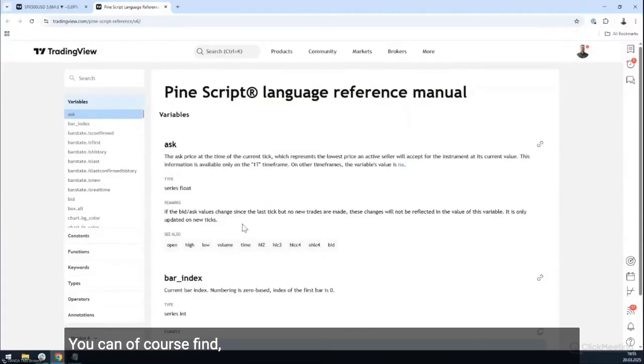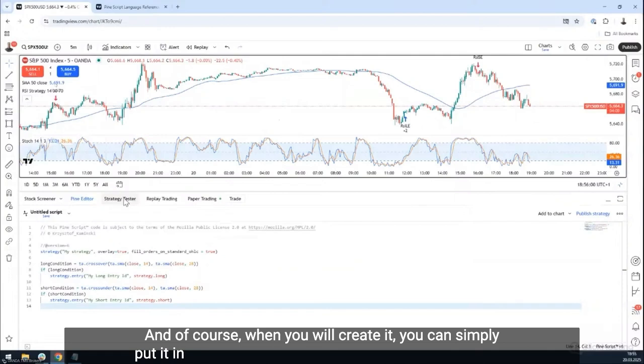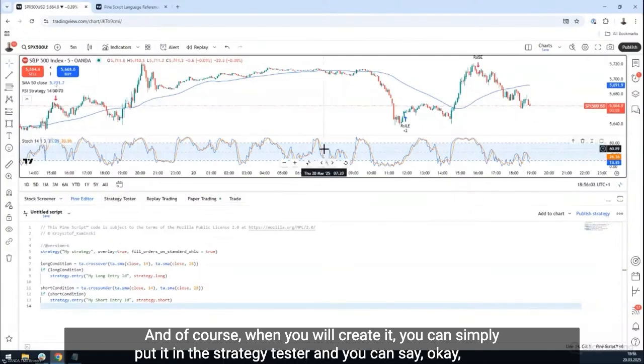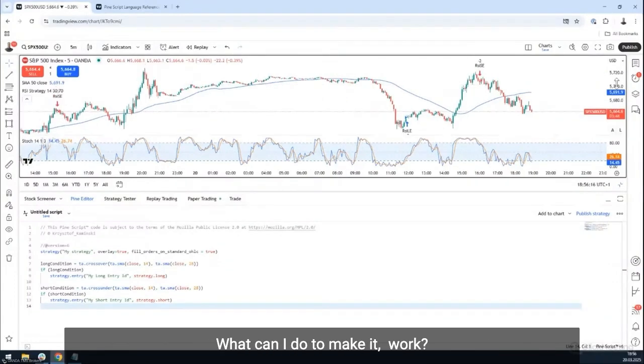You can of course find more information about how to create your strategy. And when you have created it, you can simply put it in the strategy tester and say, okay, this strategy looks good, or quite the opposite, the strategy looks bad. What can I do about it? What can I do to make it work?